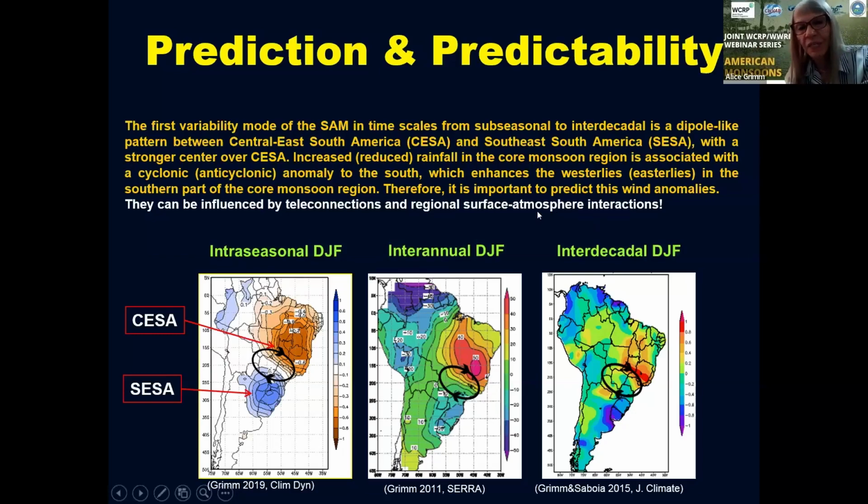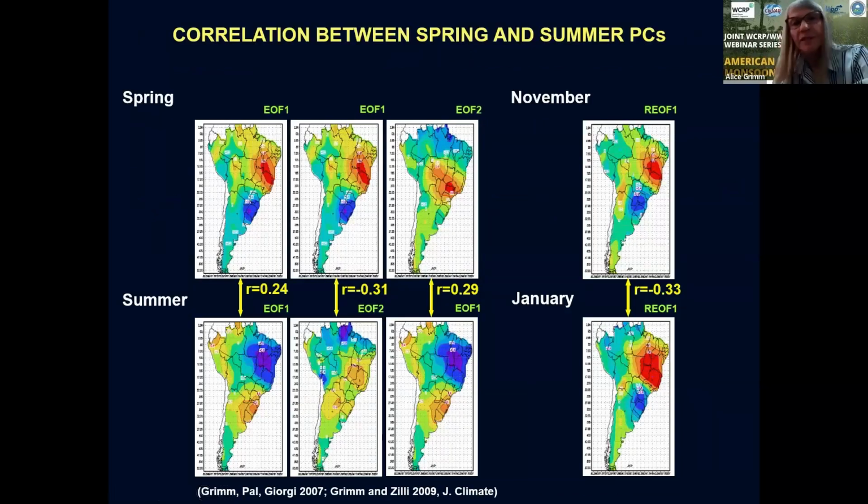A study we carried out some years ago showed that there is an inverse relationship between this mode in spring and in summer. It tends to reverse the polarity of the dipole from spring to summer because of surface atmosphere interactions that are triggered by soil moisture.